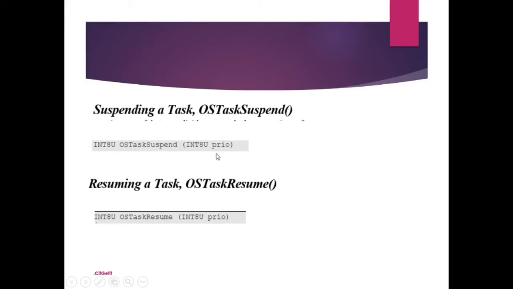When we are passing this command, the thing to be noted is that the priority number of the task that we are passing should be a valid number. So how can we know that it is a valid number or not? Suppose we have a program that has 8 user tasks. Now when we are passing the parameter, we can give a number only less than 12, and the number should be between 4 and 12.